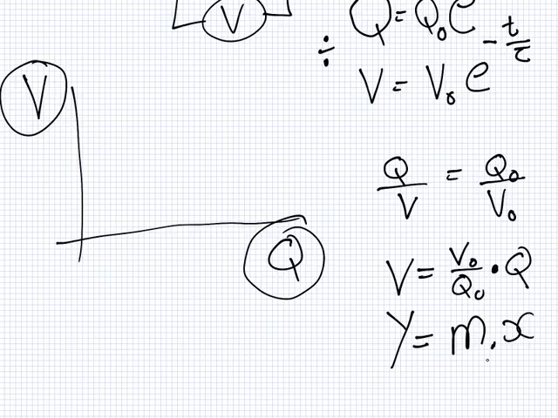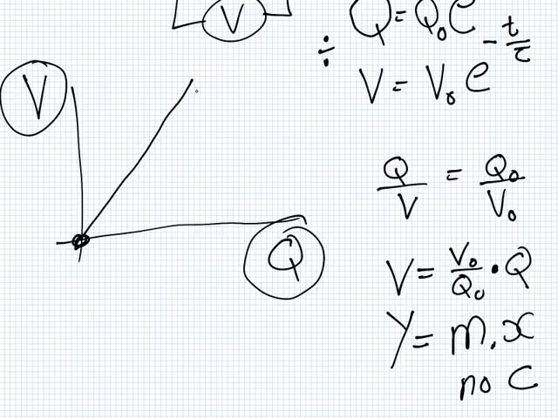So what type of graph is this? A straight line with a slope. And where does it pass? Through the origin, because there's no c. So the graph looks like this for the capacitor.